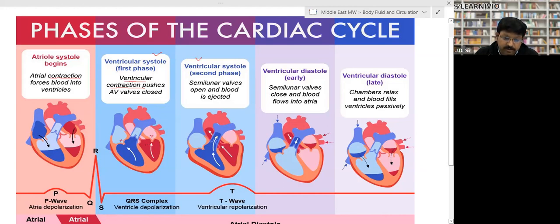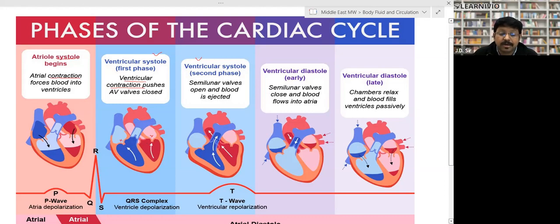First thing, what does the QRS complex represent? When the QRS complex forms, it means the ventricles have contracted. The bicuspid and tricuspid valves close down.